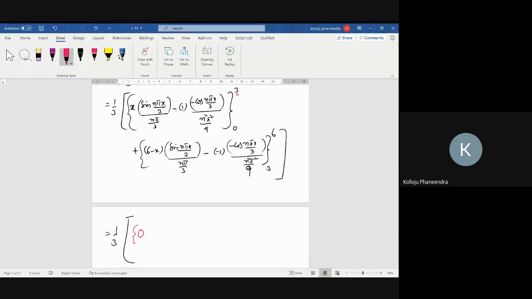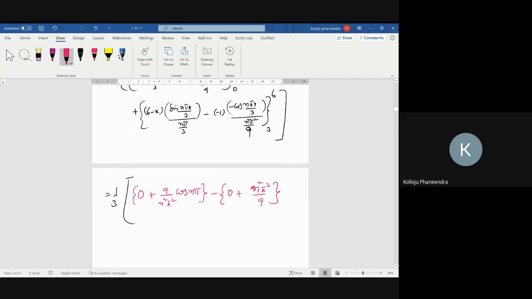This minus into minus plus, this is 9 by n square pi square cos n pi. 3 gets cancelled. Okay, this is upper limit. Minus, coming to lower limit 0. In place of x, 0 means first term 0, and cos 0 value 1. So this is minus into minus plus, 9 by n square pi square. First term limit substitution is over.